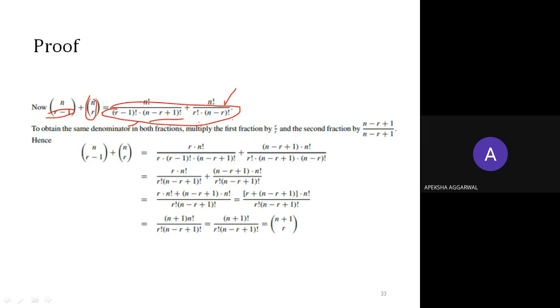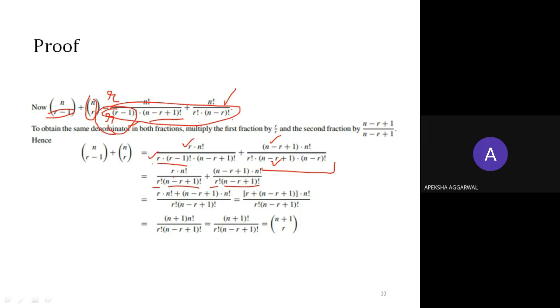So we will multiply by r above and down, so this would become r factorial. In the other term we have multiplied by (n minus r plus 1). So this term would become (n minus r plus 1) factorial, and this term would become r factorial. So denominator would become same.